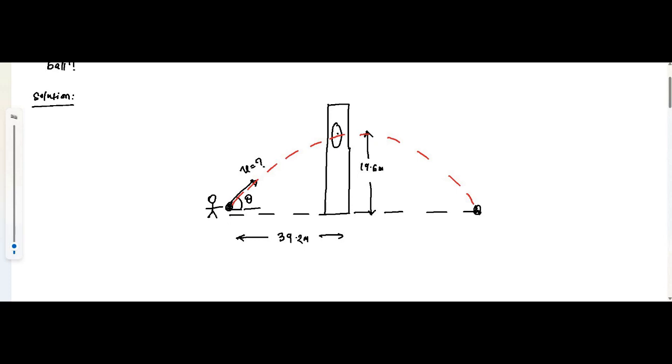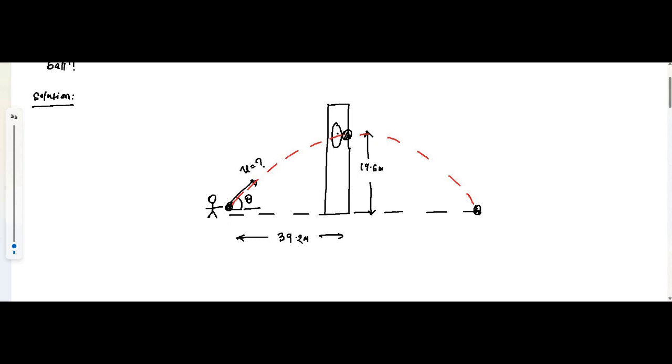So indirectly in the question we have been given two important pieces of information. The ball just passes through the window in that building. It means that when it just passed through the window, the ball was at the maximum height, which is 19.6 meters.